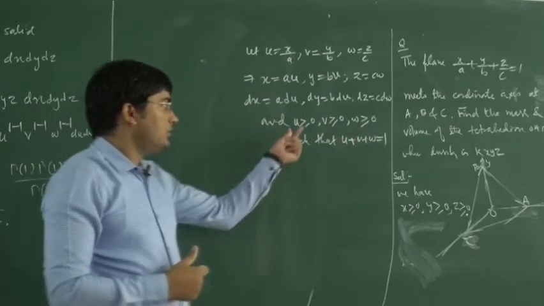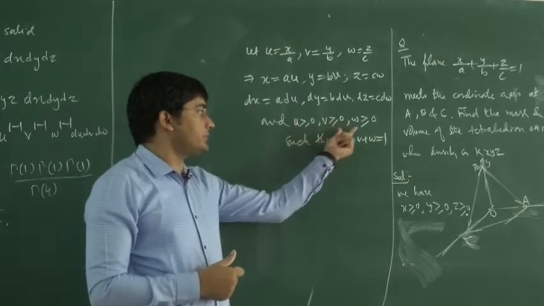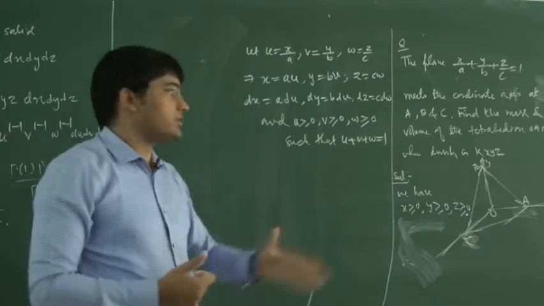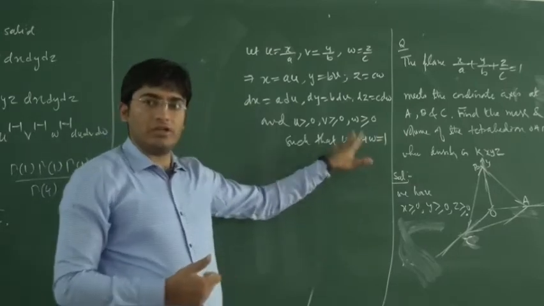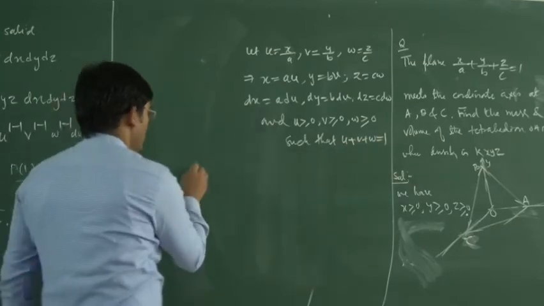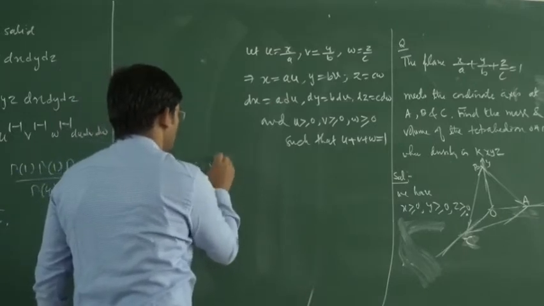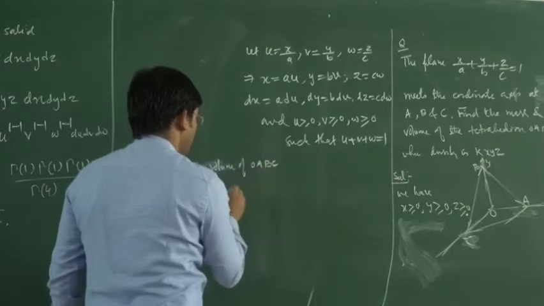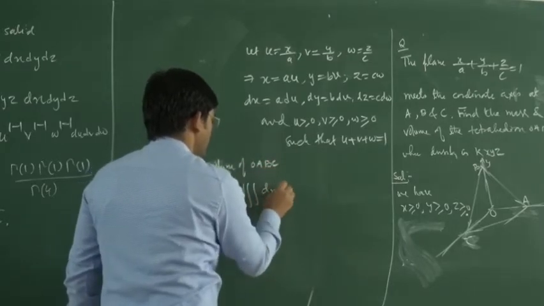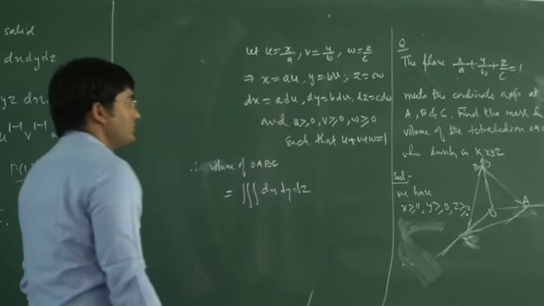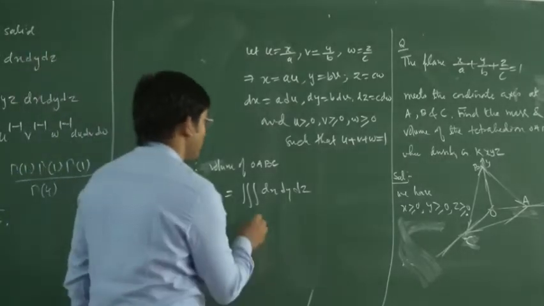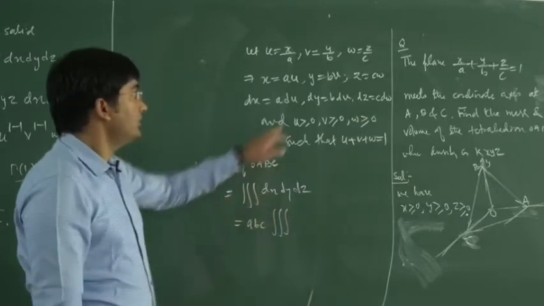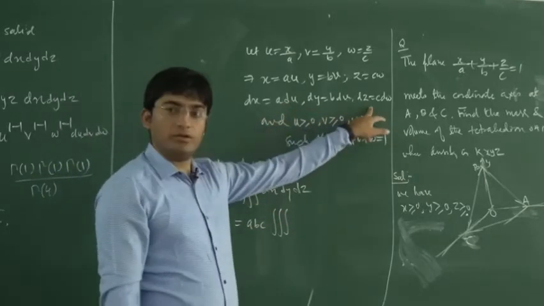So we have the condition u positive, v positive, w positive, such that u plus v plus w equal to 1. So we can use the Dirichlet integral for these variables u, v and w. Therefore the volume of tetrahedron OABC will be equal to this triple integral. Now just put the values of dx, dy, dz. So this will be abc, then du, dv, dw.